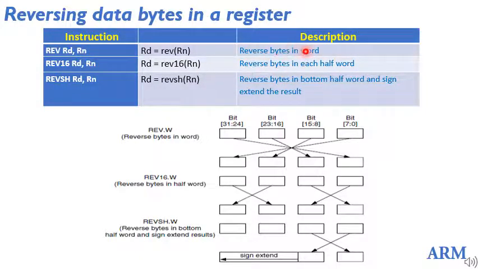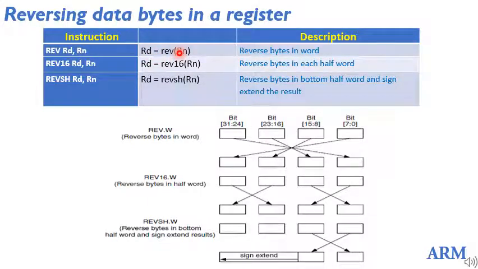That means in a 32-bit word there are 4 bytes, and these bytes are going to be reversed. The least significant byte will be moving to the most significant byte, the next to least significant will be moving to the next to most significant, and so on. In the expression we write it as RD, the destination register, is equal to reverse of RN.